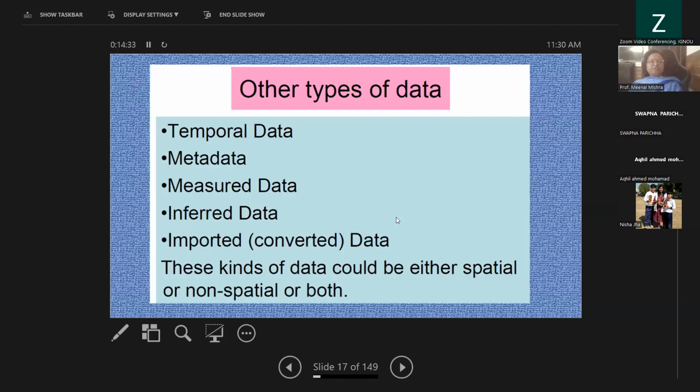Apart from this, you have other kinds of data like temporal data, metadata, measured data, inferred data, imported or converted data. All these types of data listed on your screens can be either spatial or non-spatial or both.